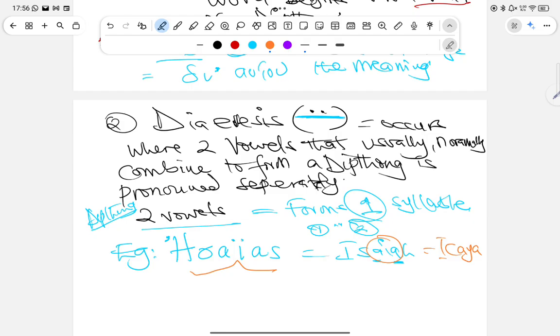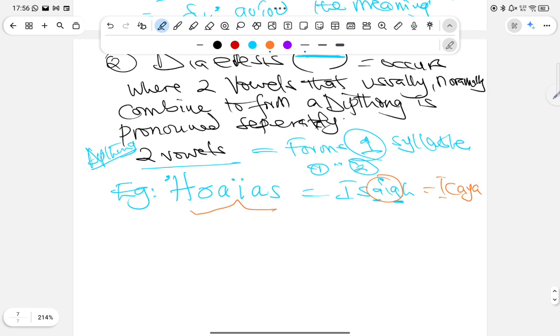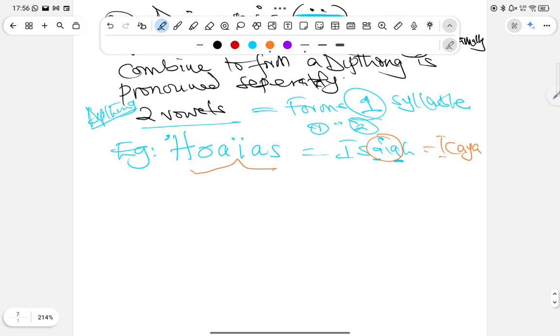Isaiah. Pause, prolong, and then each of these is pronounced. And so that is how diaeresis is used, and it's unique in its own way. So this is the diacritical mark.